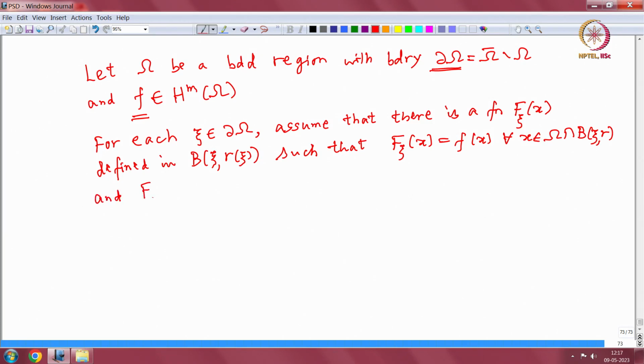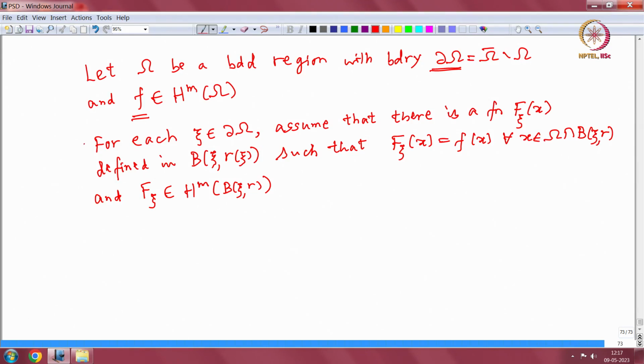So, f j belongs to Hm. Okay. Of course, you can also seek extension in the smooth class. Okay. So, same definition. Okay.